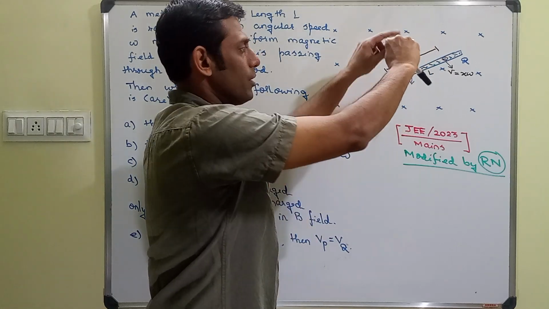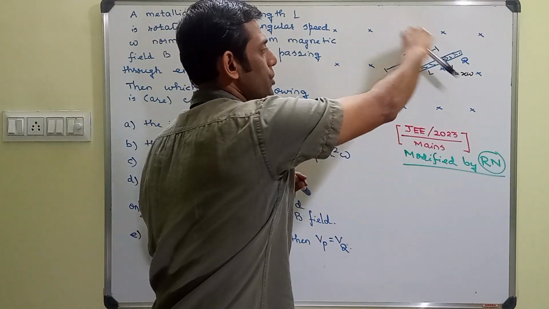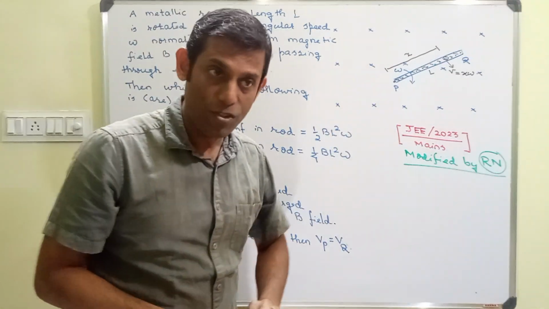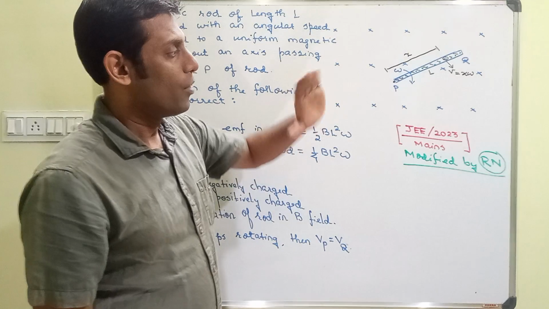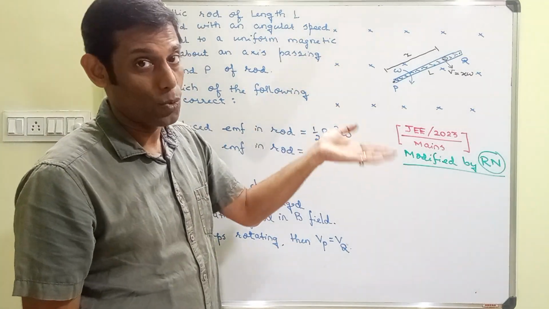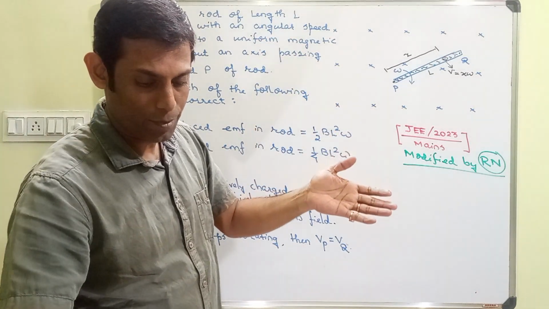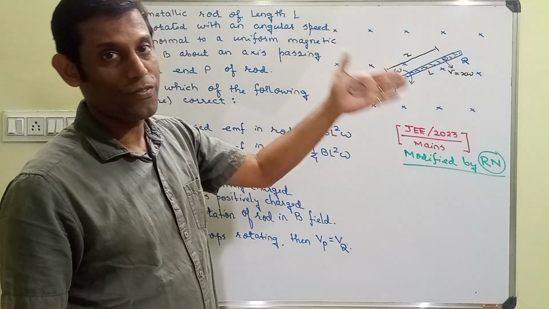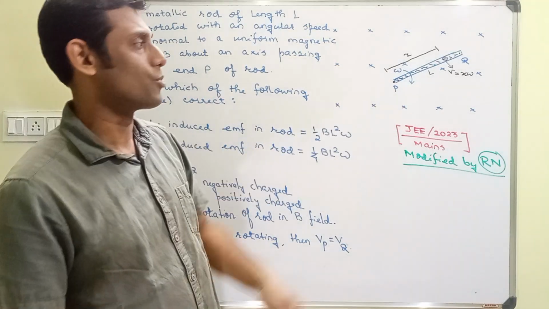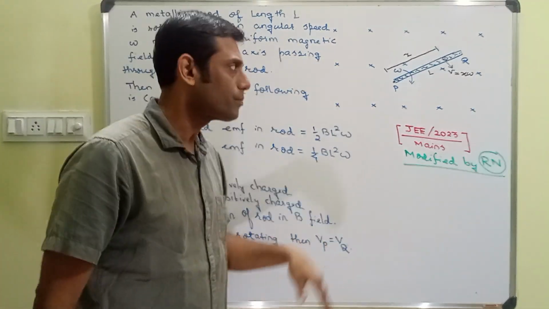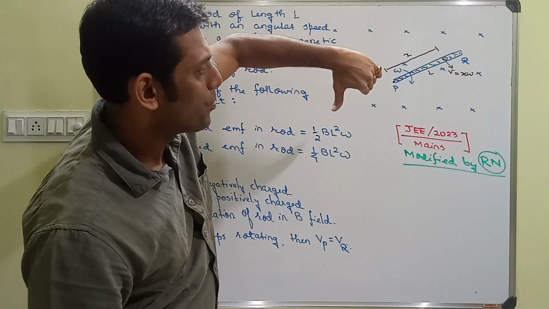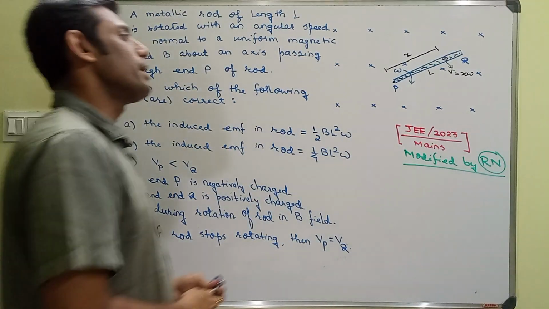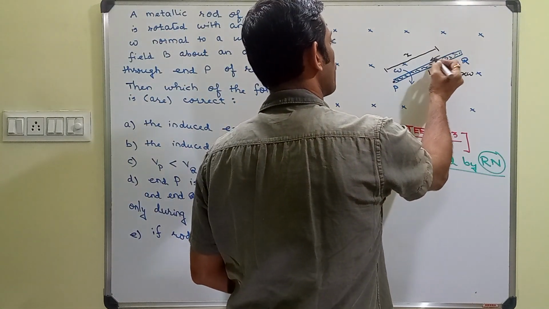Velocity will be directed this way, and we need v cross B. Since the electron is a negative charge, we use the left hand rule for negative charges. v cross B will force the electron this side. Now you see the electron will be experiencing a force on this side.